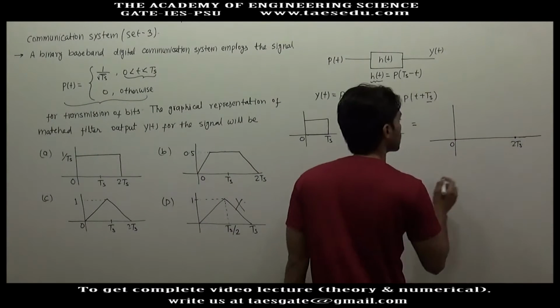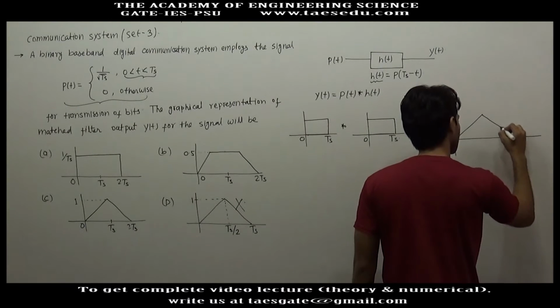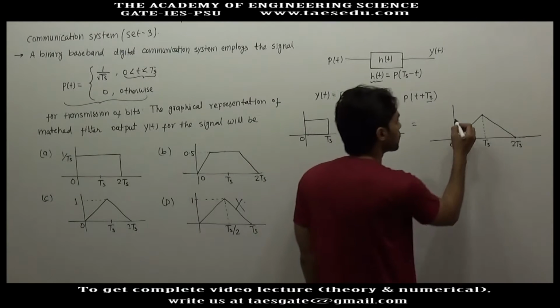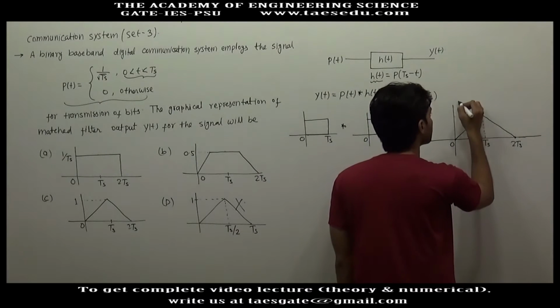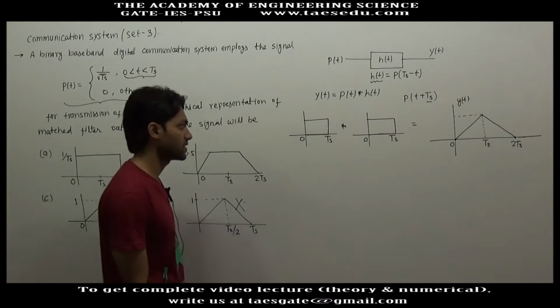And when you take the convolution, the graph will look like this. And if you want to find out the maximum value of y(t), the maximum value of y(t) will occur at Ts.